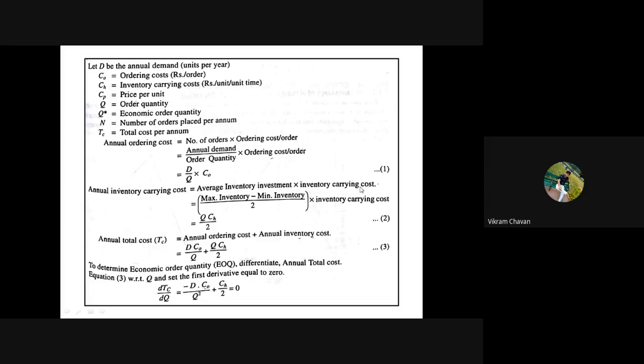Now, how to find out the average inventory investment or average inventory quantity? That is nothing but maximum inventory minus minimum inventory divided by 2, and multiply by inventory carrying cost.